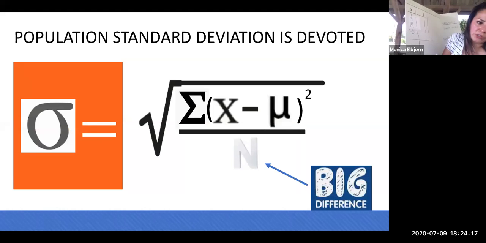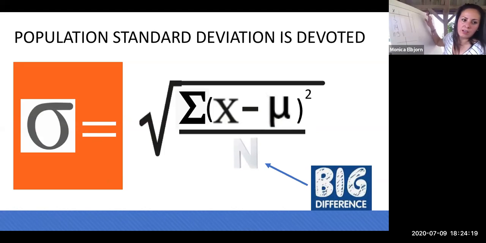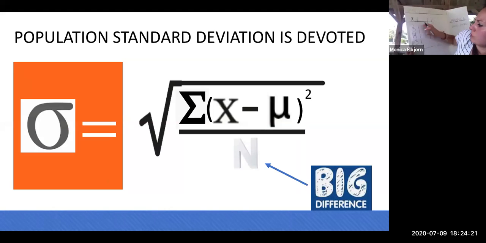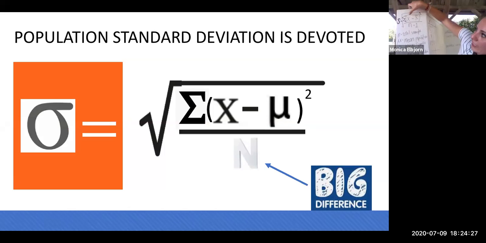So I'm going to show you another, well, let's do this example first. So we said we have our X minus X bar.